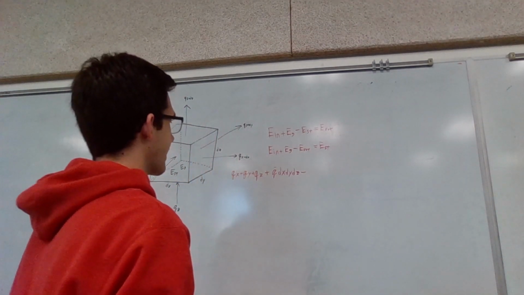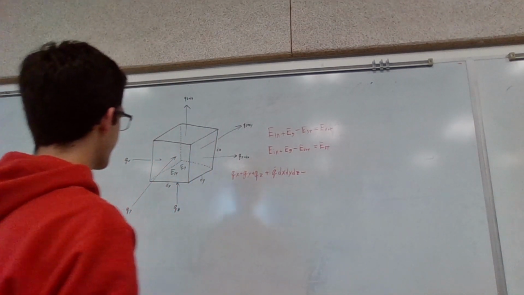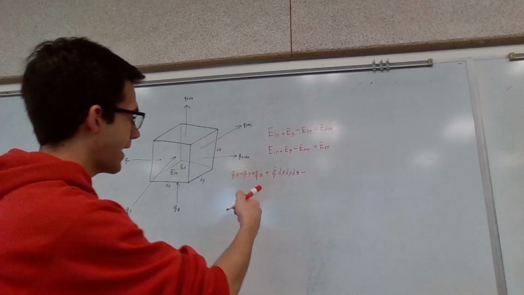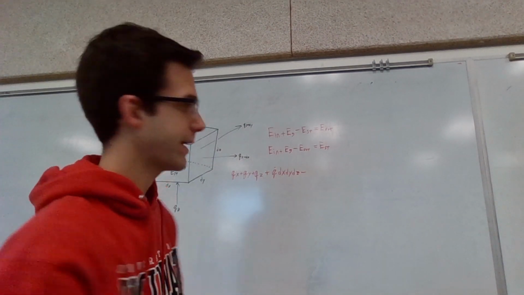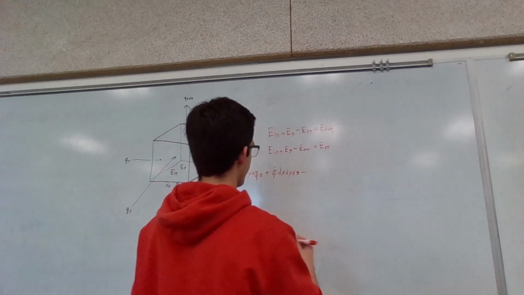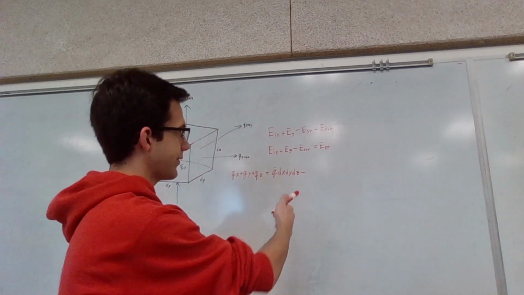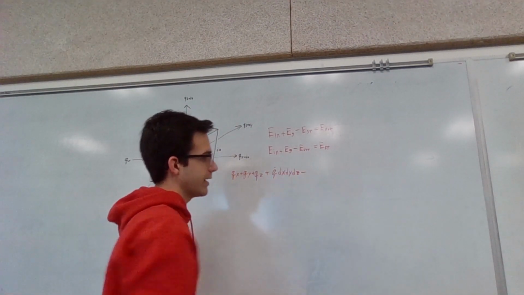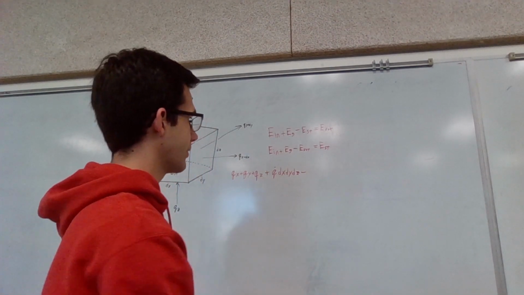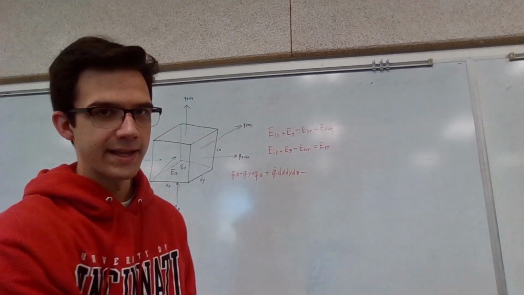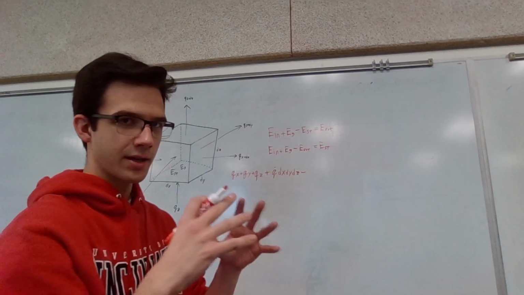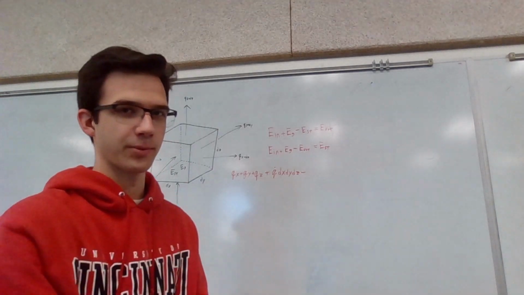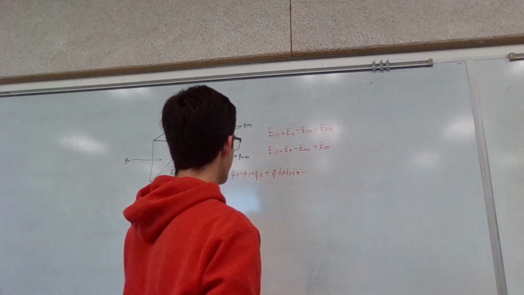Minus my energy going out. We described our energy out terms using our Taylor series expansion. Seeing that this is being subtracted, each of those Taylor series expansions is going to be negative, because we're subtracting them all from this.